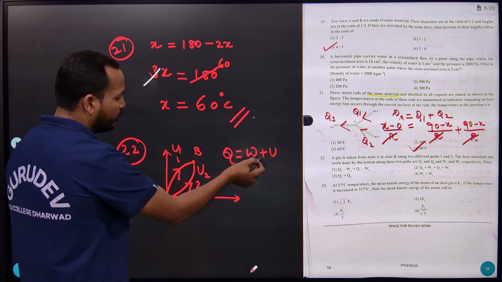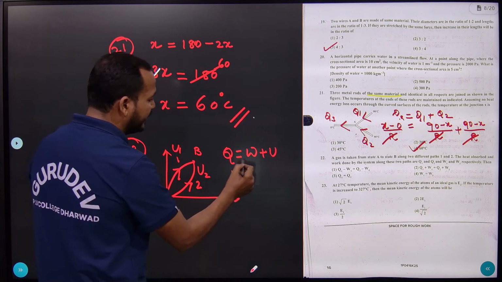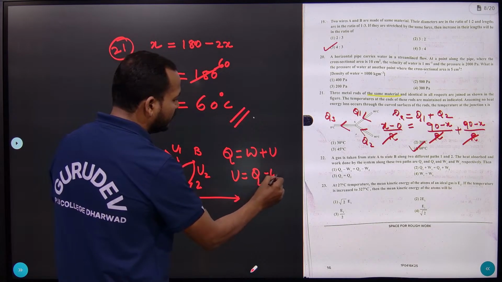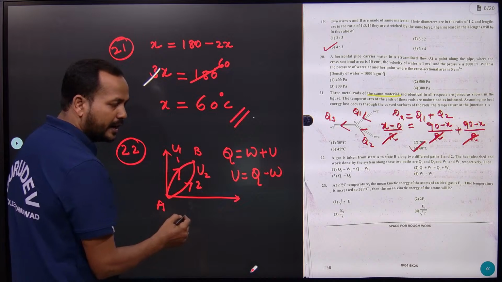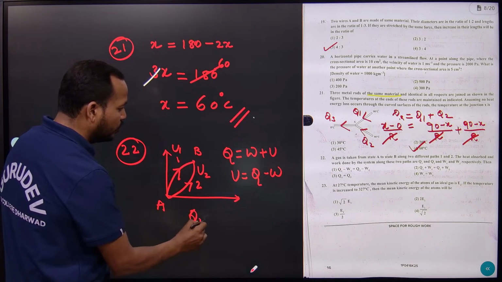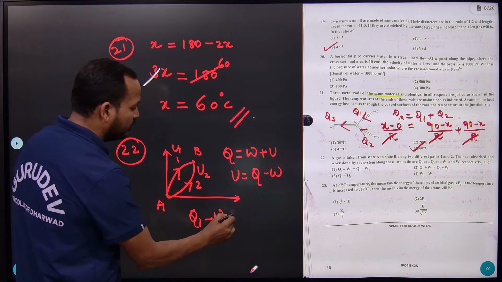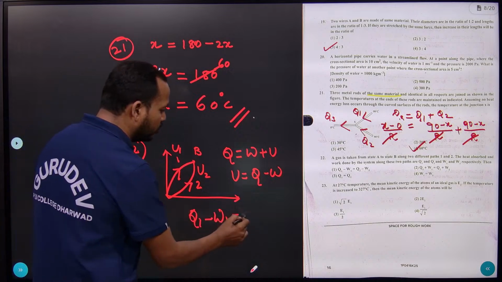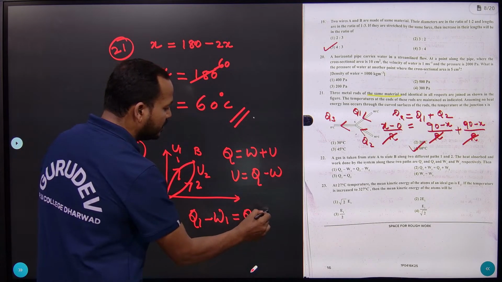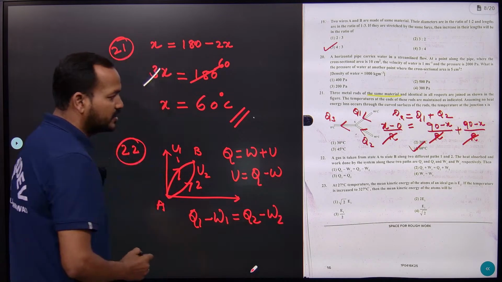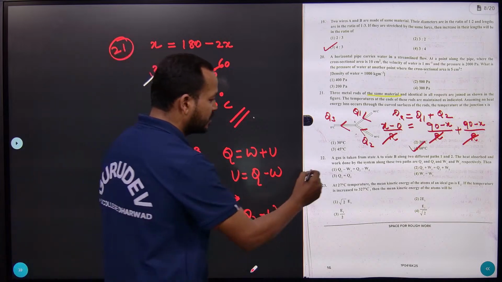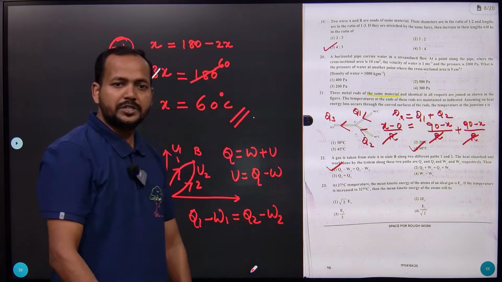Therefore, internal energy here is Q minus work done. So based on this we can write Q1 minus W1 must be equal to Q2 minus W2. So the answer is yes. So that is 1.